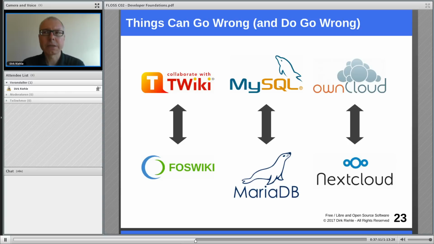Another example is a fork, like from TWiki to FOSSWiki, from ownCloud to Nextcloud.